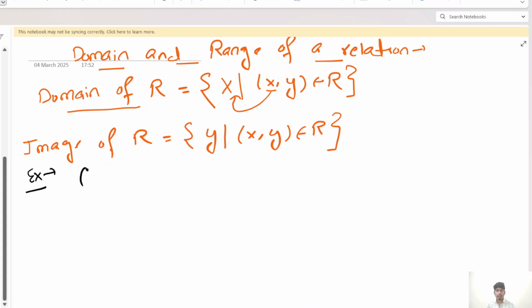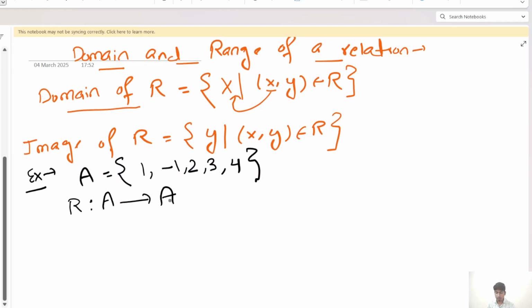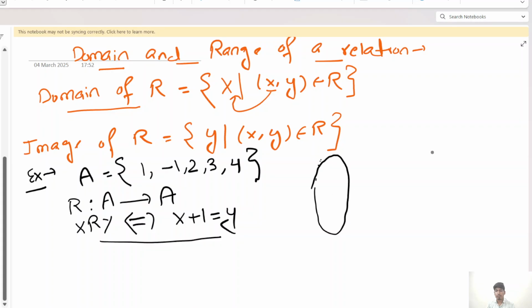Let A be the set {1, -1, 2, 3, 4}. We define a relation R from A to A such that x is related to y if and only if x + 1 = y. Let this be our domain set and this our codomain set, both {1, -1, 2, 3, 4}.